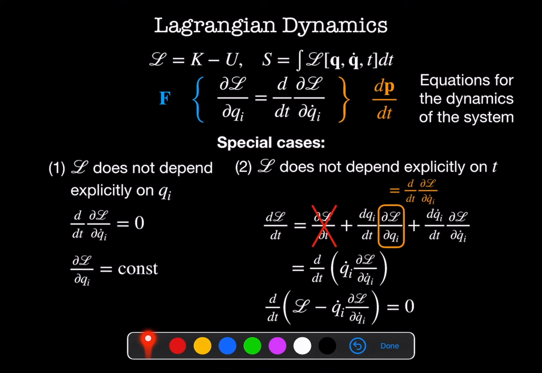I can write this as d by dt of L minus q_i dot dL by dq_i dot is equal to 0, or equivalently, L minus q_i dot times dL by dq_i dot is equal to a constant. That would be integrating the second order Euler-Lagrange equation to a first order differential equation. And we've spent a lot of time thinking about many ways we might solve this. That can help you with the dynamics for specific cases.